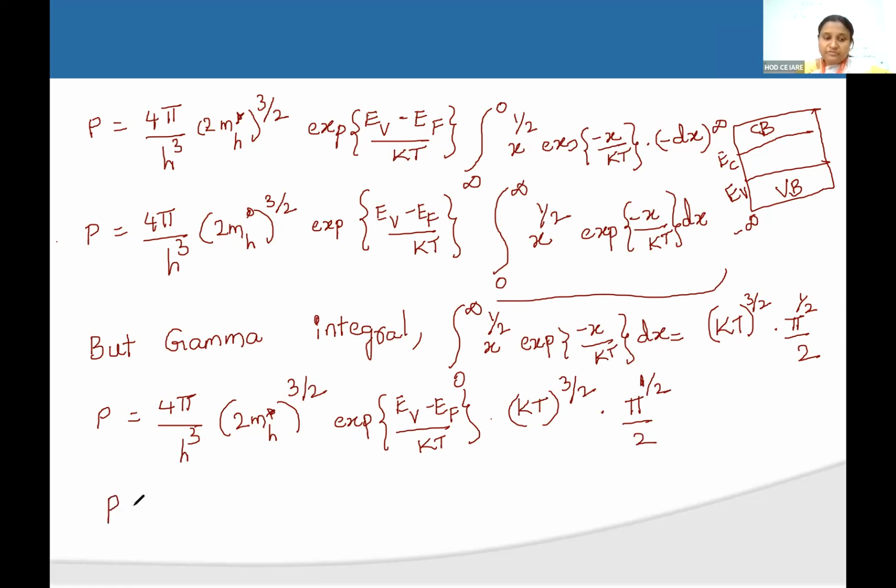If you keep it in simplified form, we end up having 2 into (2 pi mh star KT by h square) whole to the power of 3 by 2, exponential (EV minus EF) by KT.